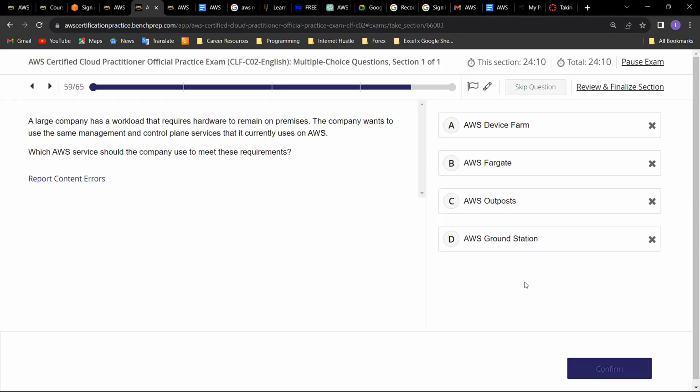A large company has a workload that requires hardware to remain on premises. The company wants to use the same management and control plane services that it currently uses on AWS. Which AWS service should the company use to meet this requirement?